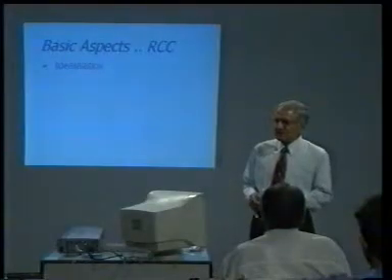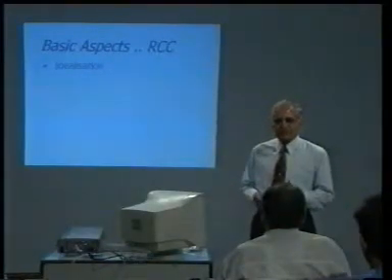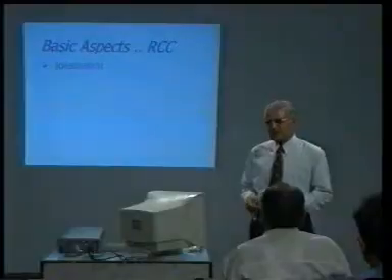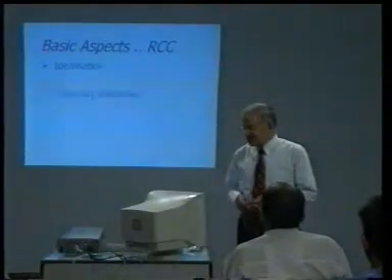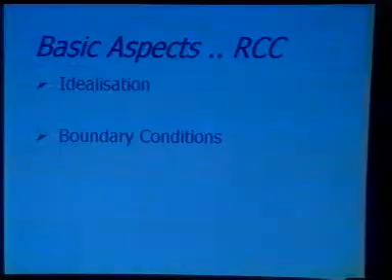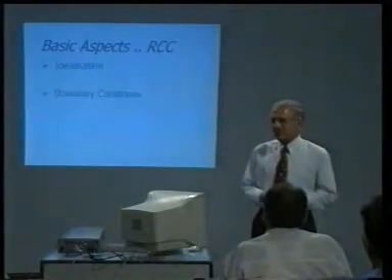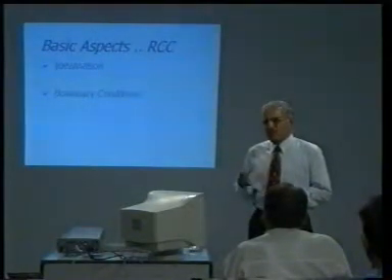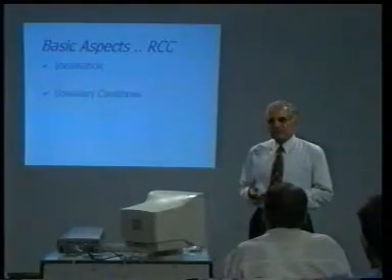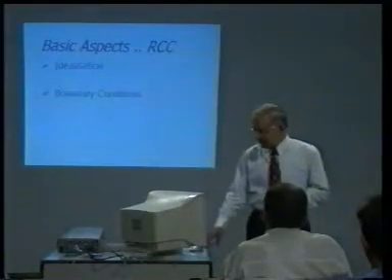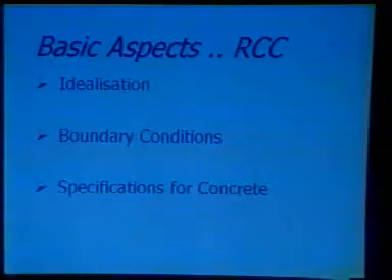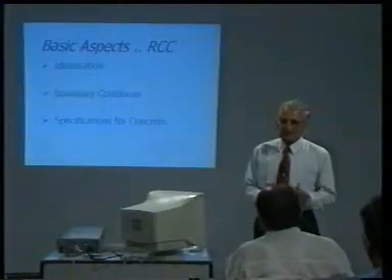Is it going to be a space frame, a shell structure, etc., etc.? After having decided that, we decide the boundary conditions based on the actual situation on the ground, whether the hinges are going to be provided, whether it is going to be a fixed support, whether at the support or at the junctions. Then you have to have the specifications for concrete as decided by the environmental conditions, the load considerations, the stress levels.